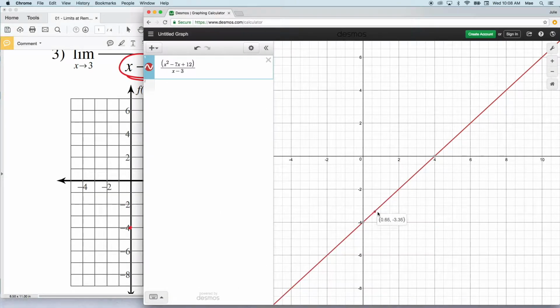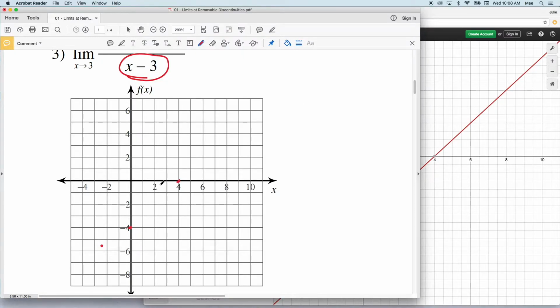So if we were to find x equals 3, you can see that we are indeed undefined. And that's at approximately negative 1 for f of x. So that is going to be a hole, or in other words, a removable discontinuity.